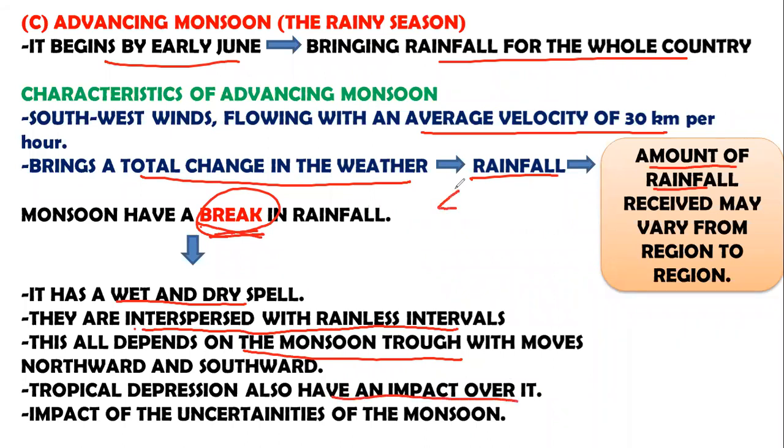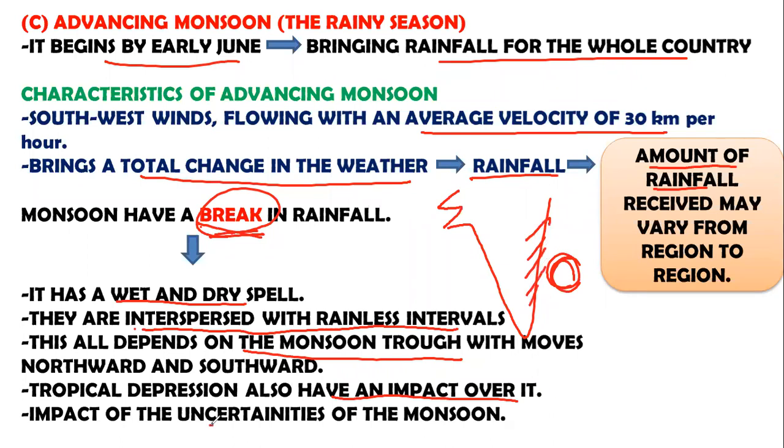Tropical depressions are the cyclones that form in the Bay of Bengal due to low pressure. These tropical depressions affect the monsoon as well, as they cause rainfall in the coastal areas.